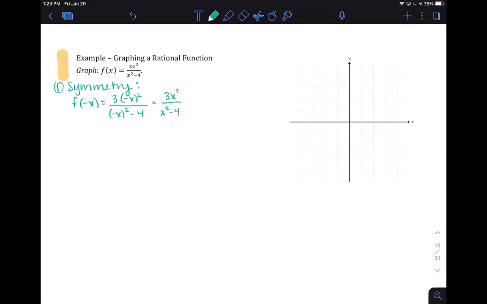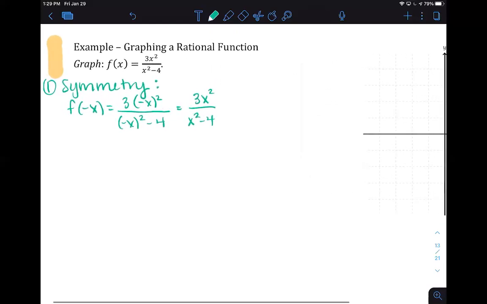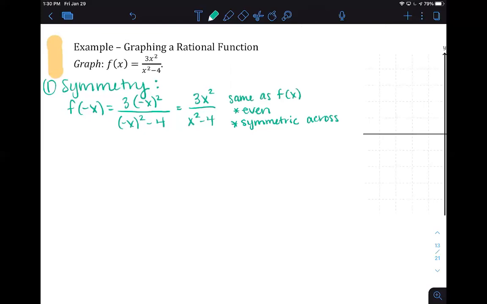What do you notice? It's the same. So this is the same as f of x, which means it is even. And if it's even, it's symmetric across the y-axis.